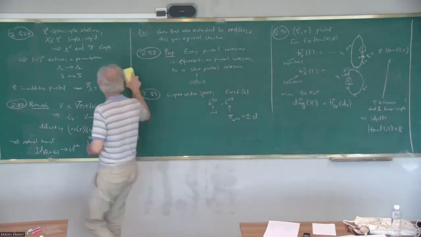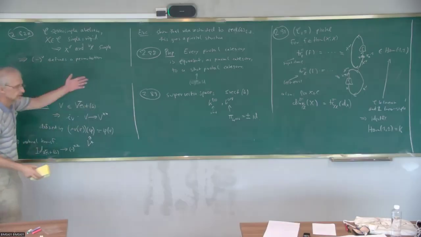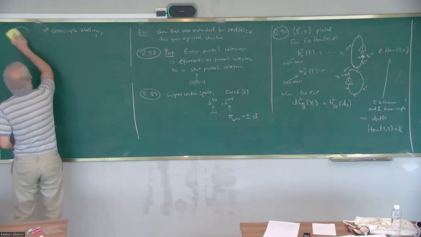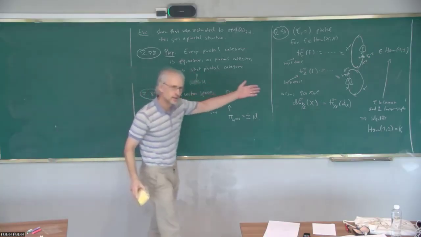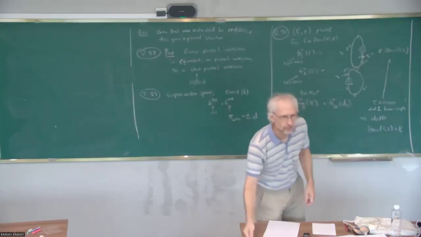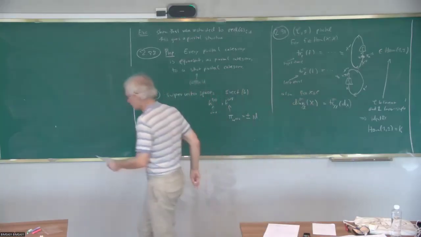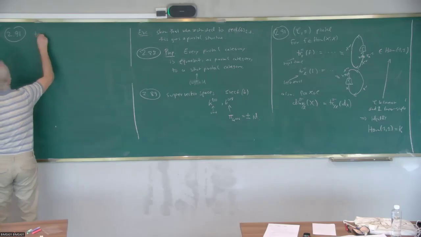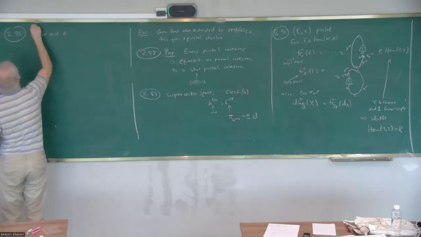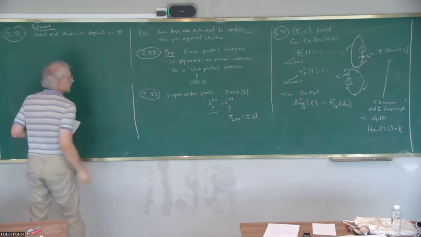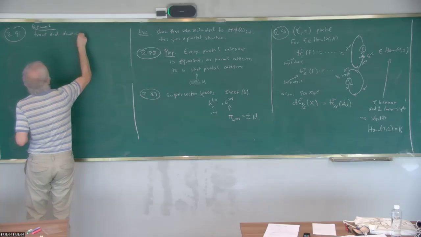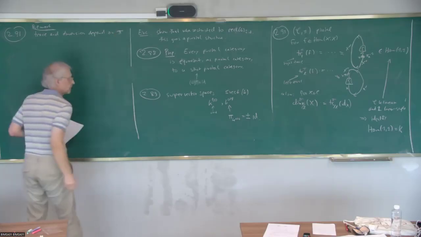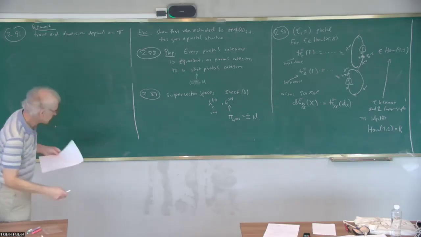Since pivotal structure is structure, this means that these quantities, trace and dimension, are not defined for the category C, but for the category C together with the chosen pivotal structure. Trace and dimension depend on the choice of pivotal structure.